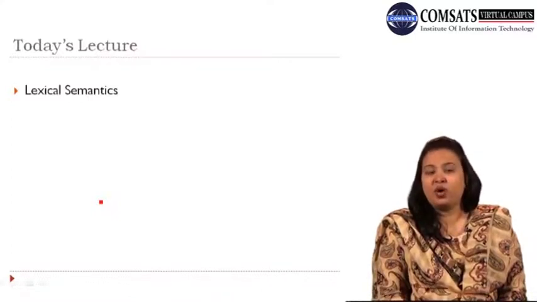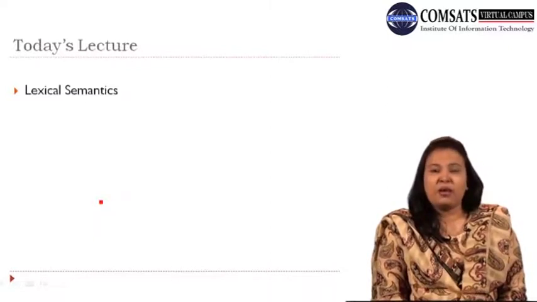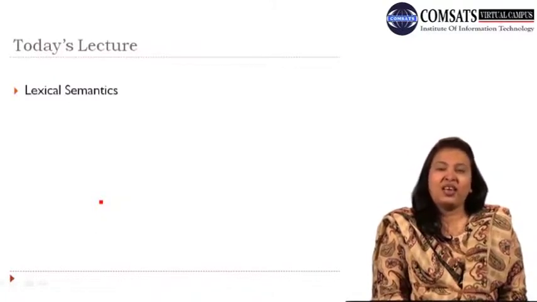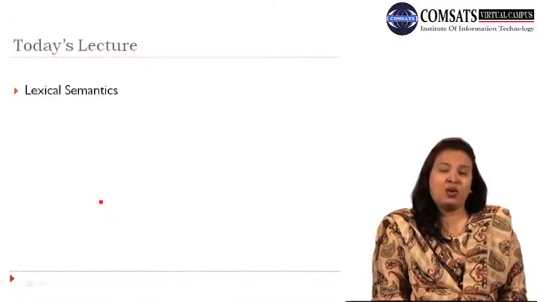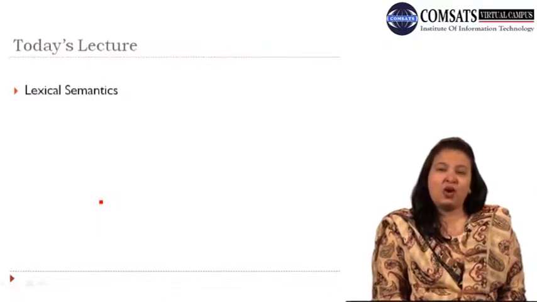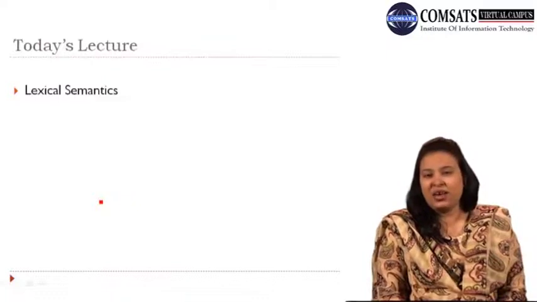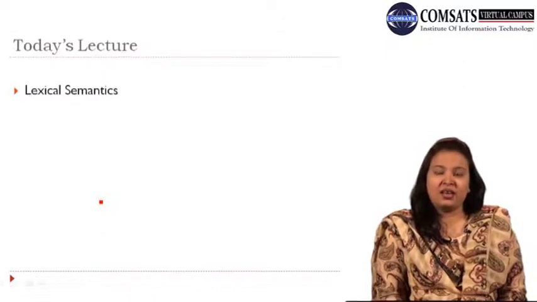With respect to that, we will talk about different lexical semantic analysis procedures by which we calculate the meanings of the words, and at the same time we will talk about the different categories according to which we have meanings for the words. We have a long list of varieties or categories where we link meanings with certain words. All these things about the lexemes or lexical items, that is words, will be discussed today in detail.